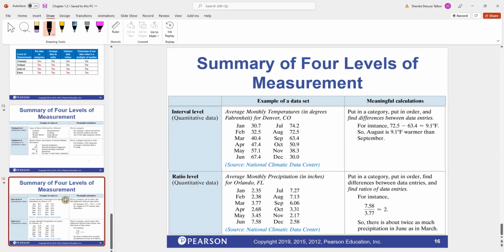Temperatures can go below 0. So interval does not have a starting point of 0, because you can have negative temperatures. Temperature is considered an interval value, as you can see in this example. I'm in Chicago, so we have like negative 50 degrees here in the winter. So with interval data, you don't have to have a starting point of 0.